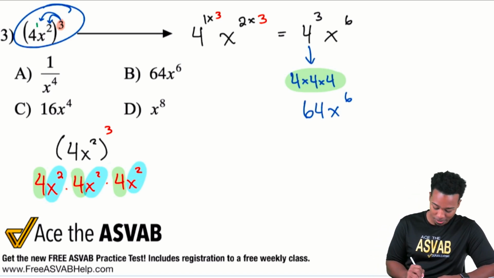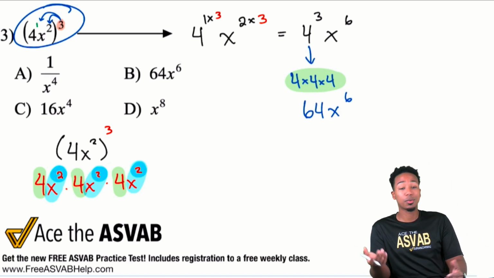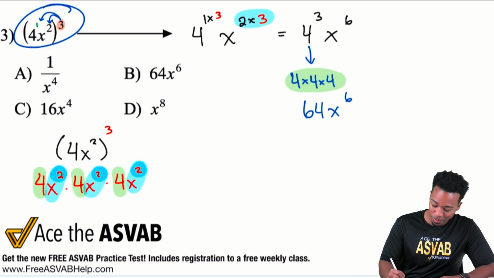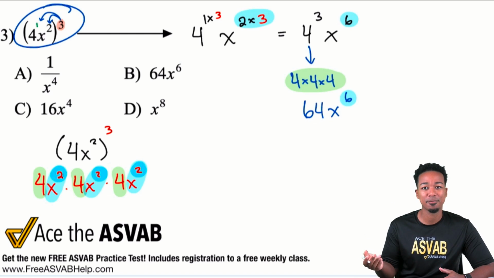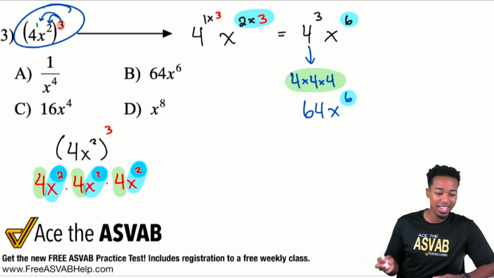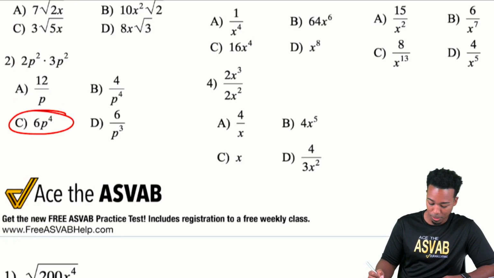And what we see here is 2 plus 2 plus 2. If you're adding 2 to itself 3 times, that's 2 times 3, and that's why we end up getting 6. So powers to powers, multiply those exponents, giving us the correct answer here, B, 64x to the power of 6.